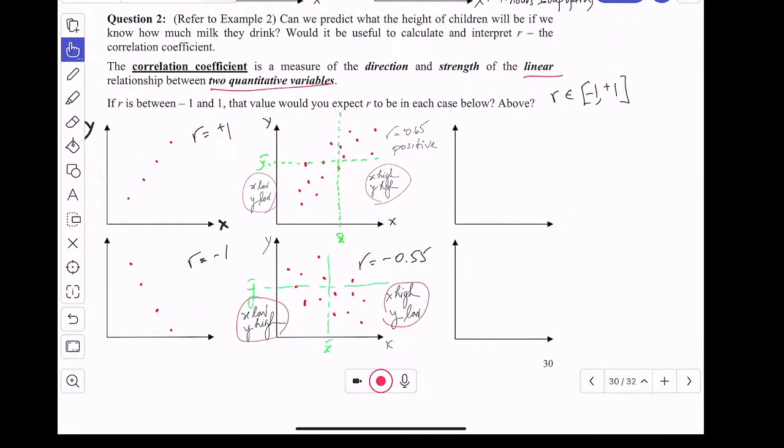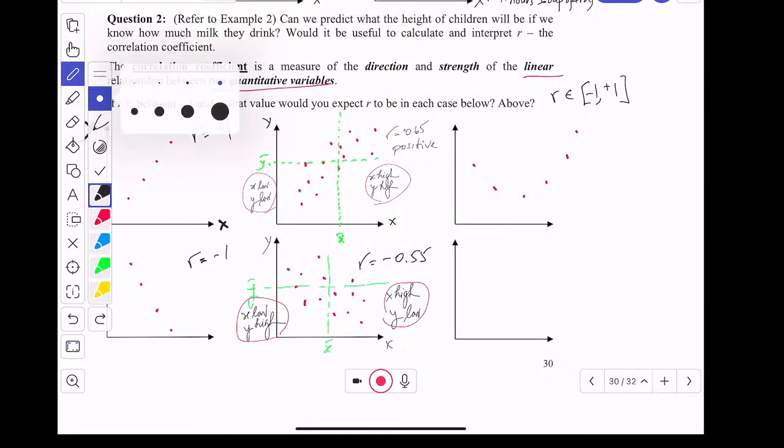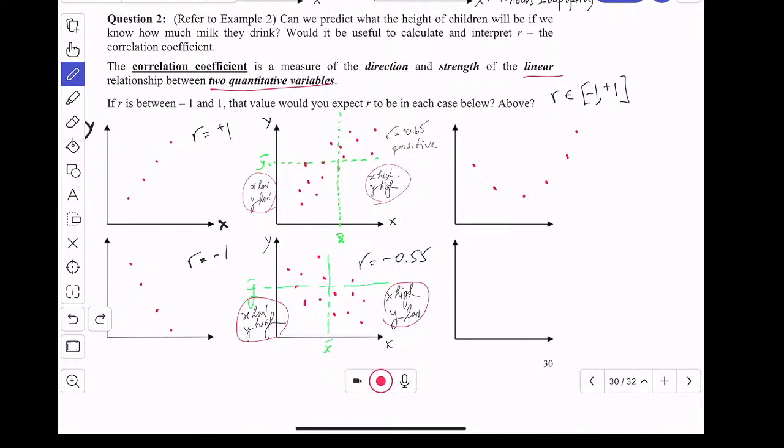And the last thing I want to say, what about a curved relationship? Let's divide, just like we did the other one, let's divide the x and the y.